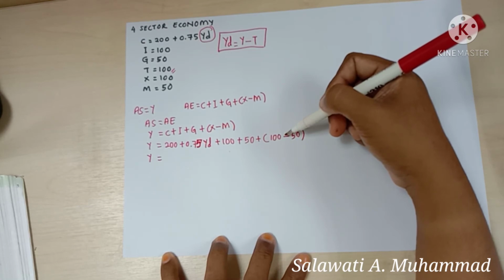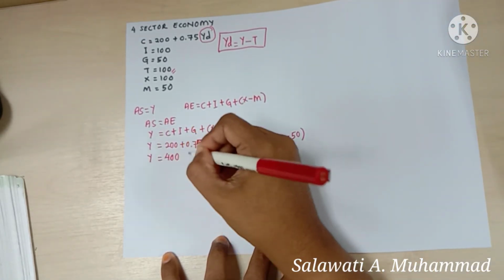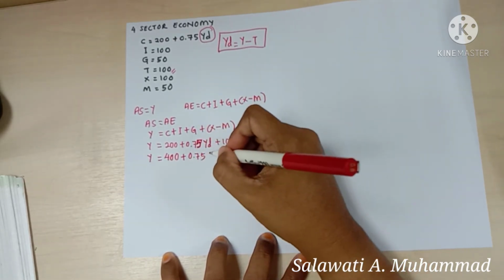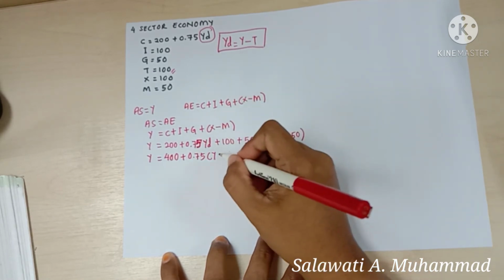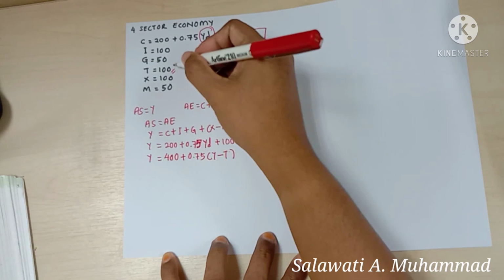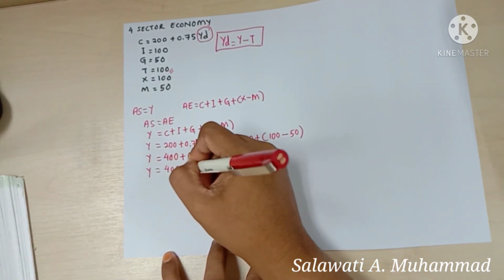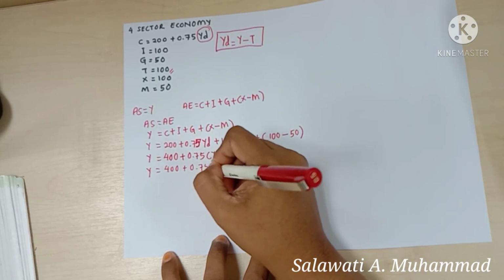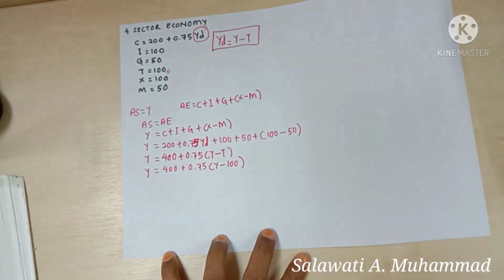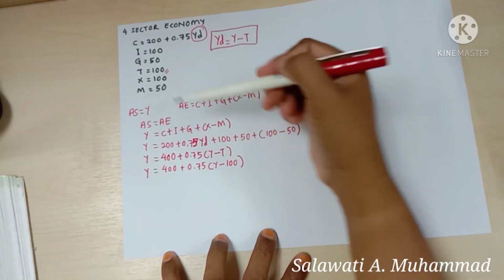So it's 400. 400 plus 0.75 YD is Y subtract with T. So we have the amount T here. T is 100. So Y equal 400 plus 0.75 Y subtract 100 here. Okay, we already replaced T with 100.